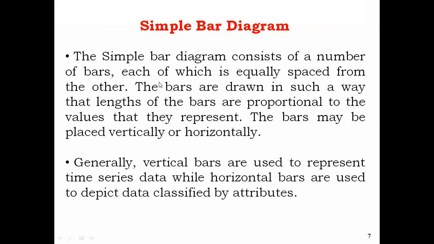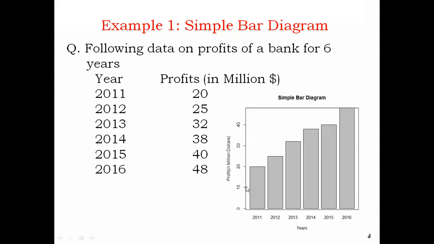The bars are drawn in such a way that lengths of the bars are proportional to the values they represent. So here you see these are the bank's profits for 6 years, 20, 25 up to 48. So the highest is 48, in 2016.